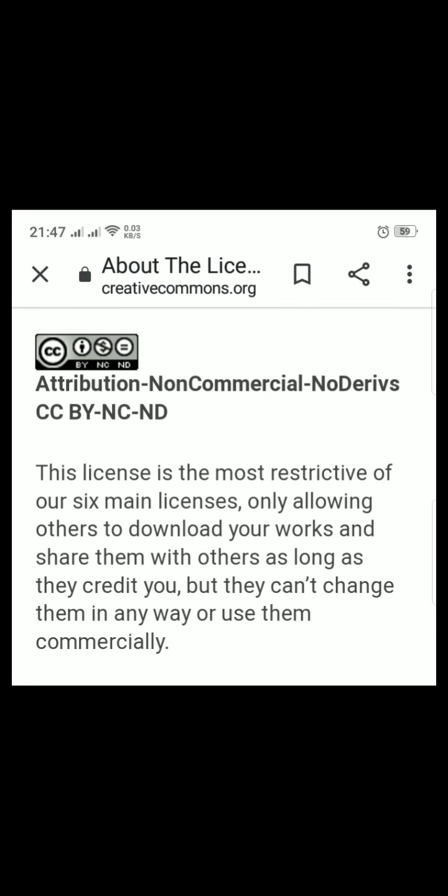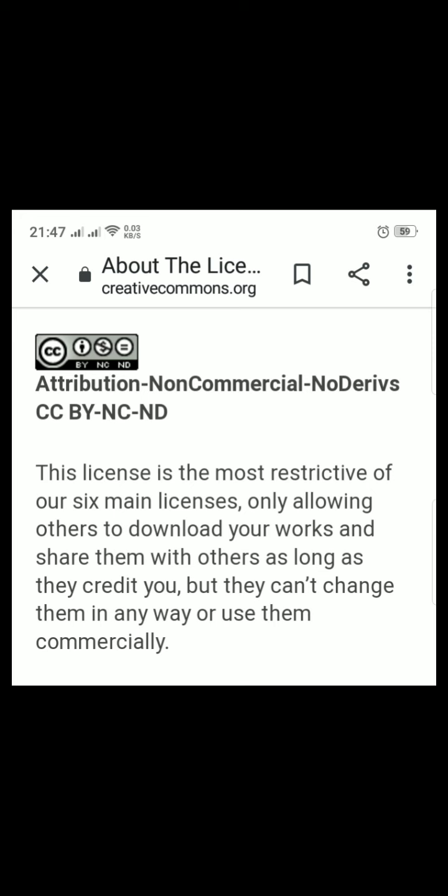And the last type of license, which is very restricted, is attribution non-commercial no derivatives, CC BY NC ND. It means you are allowing users to use your resources only for non-commercial purposes. We can say only for educational purposes, and as it is. They cannot make a single minor change in the original product.